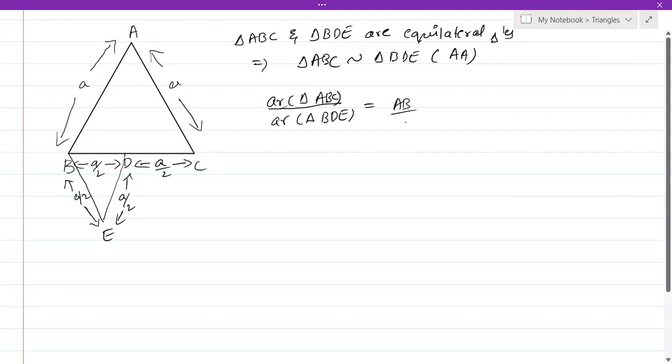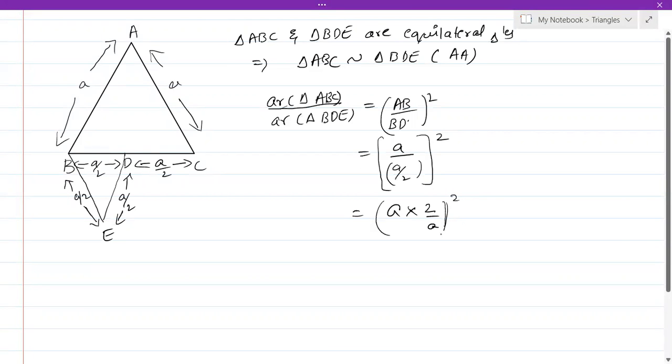So let's take the first one, (AB by BD) the whole square. What is the value of AB? a. What is the value of BD? a by 2. The whole square. So a as it is, if you reciprocate a by 2, it will become 2 by a, the whole square. You must have learned in the lower classes that a by b divided by c by d, we keep a by b as it is, into the reciprocal d by c.